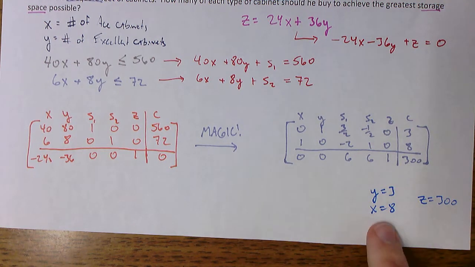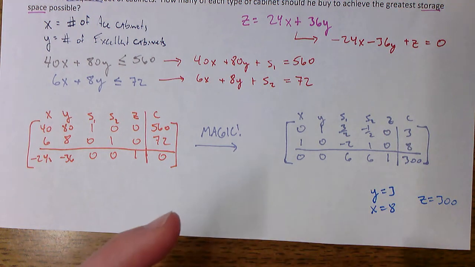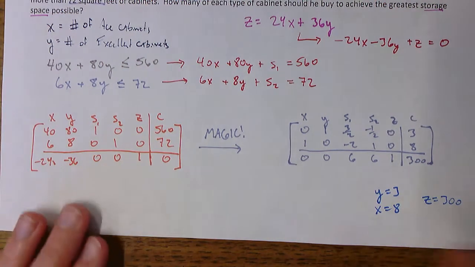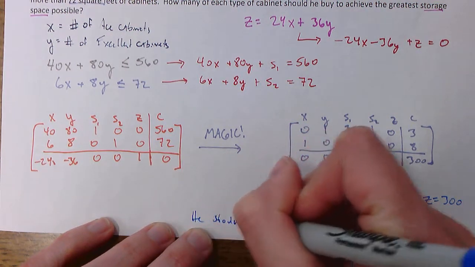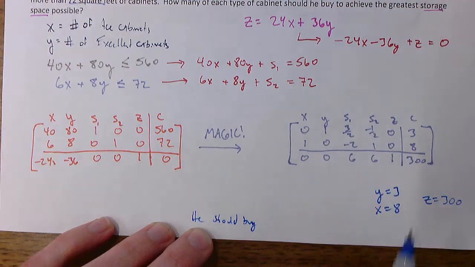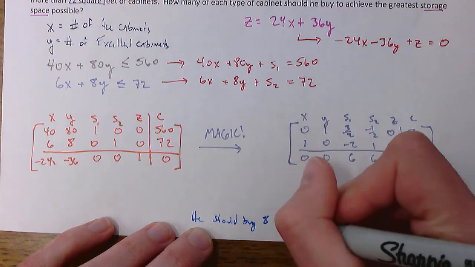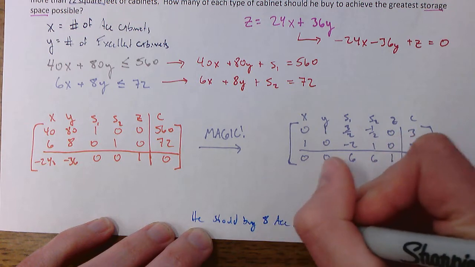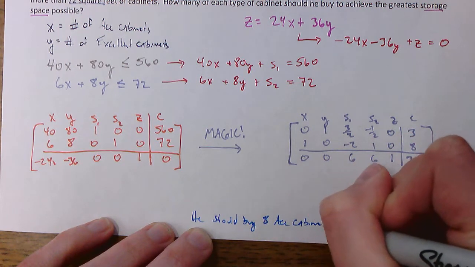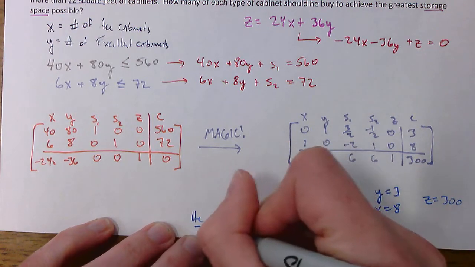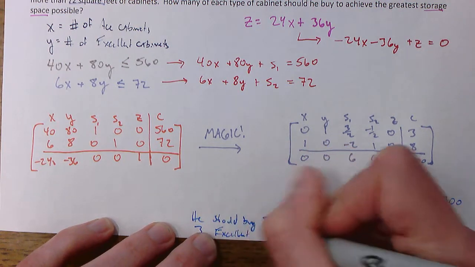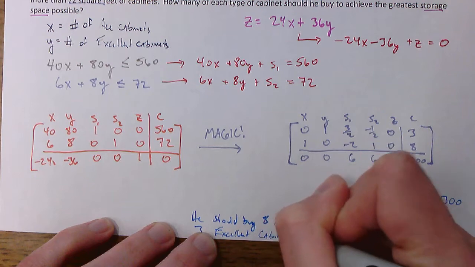Okay. Make sure our answers make sense. Are these both positive? Yeah, right. We're talking about file cabinets. So what does this mean? It means that our office manager should buy 8 of the ACE cabinets, not chemicals, and 3 excellent cabinets, right?